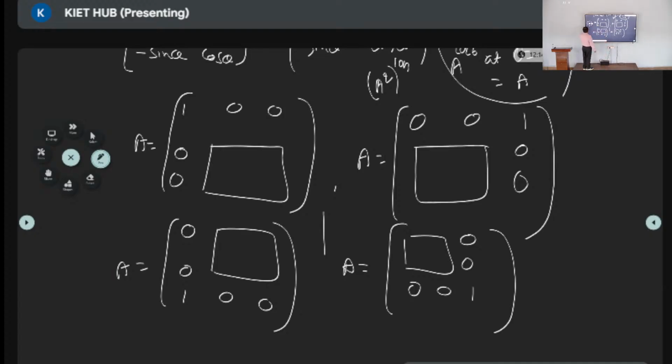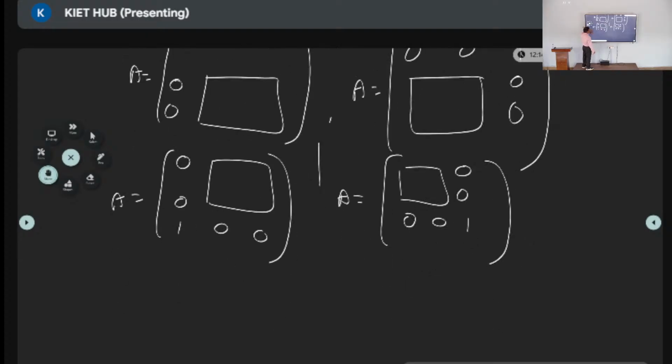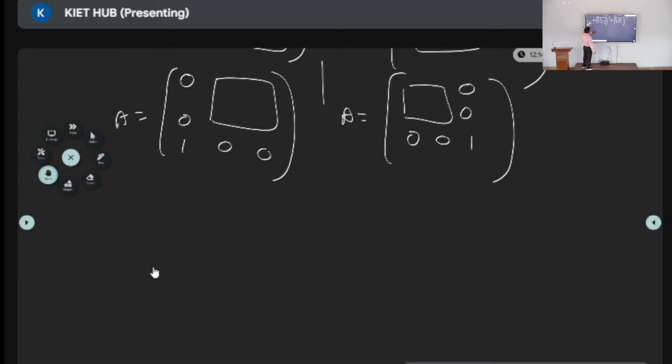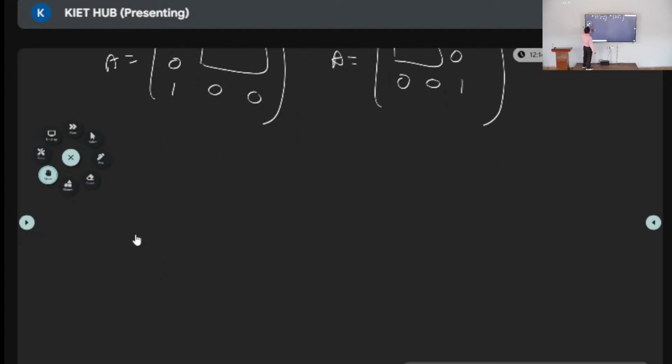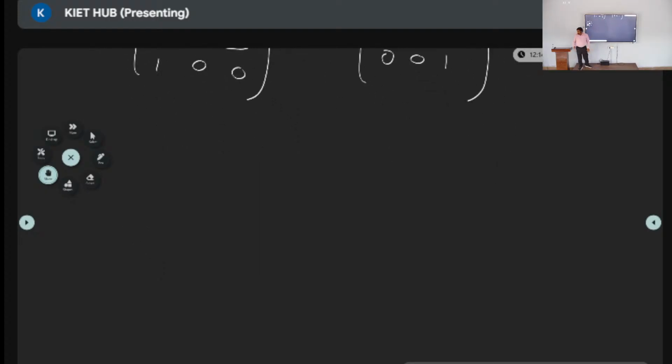Coming to one more question from the orthogonal previous GATE. See here, Q equals, concentrate.